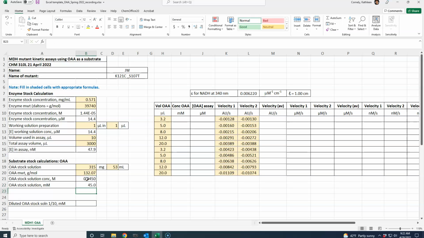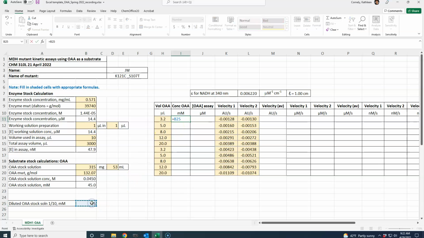The next thing that I did is I made another stock solution where I took that solution and diluted it 1 to 10. So that solution will be 4.5 millimolar. So these are the volumes that we pipetted, and first we use the 4.5 millimolar solution.